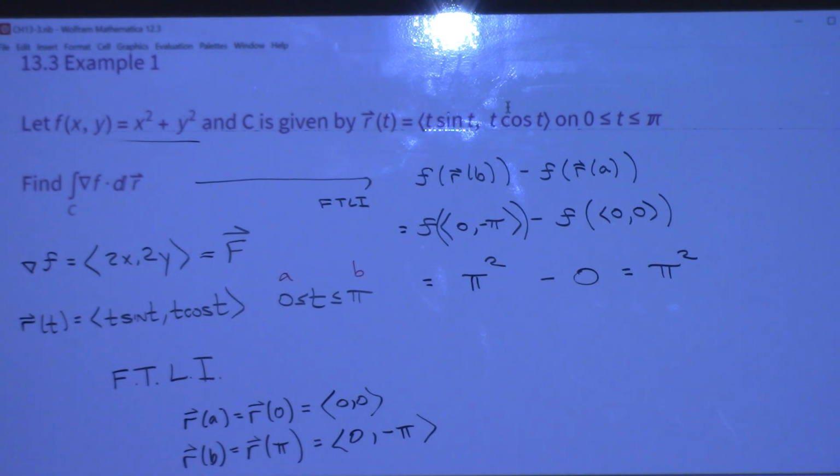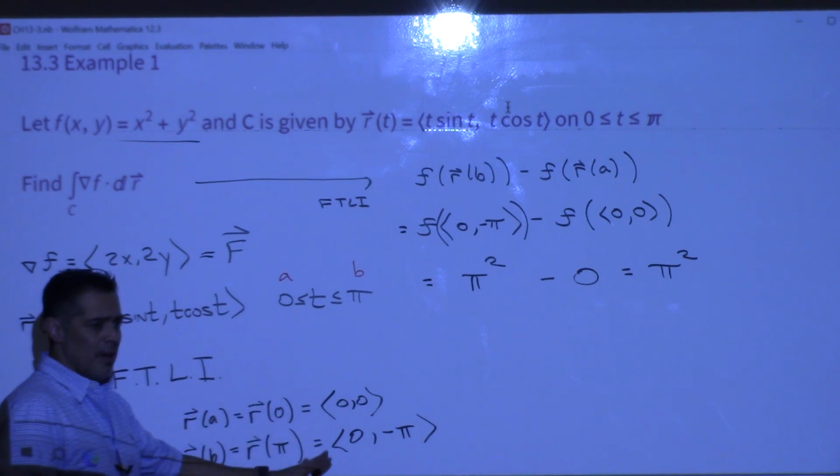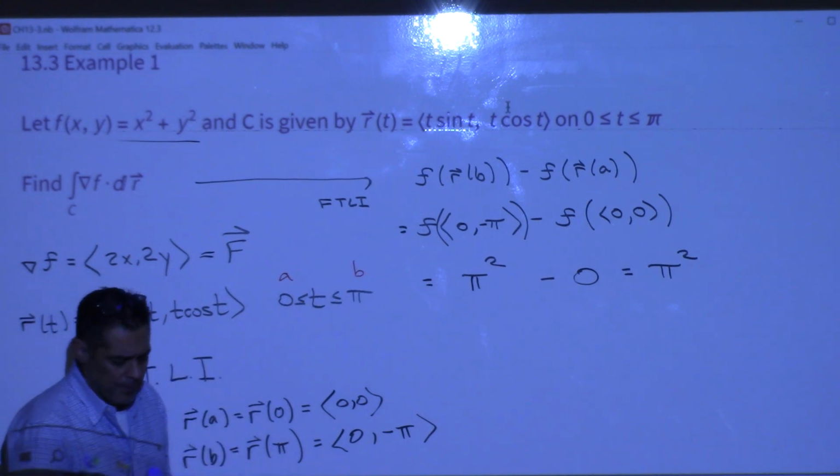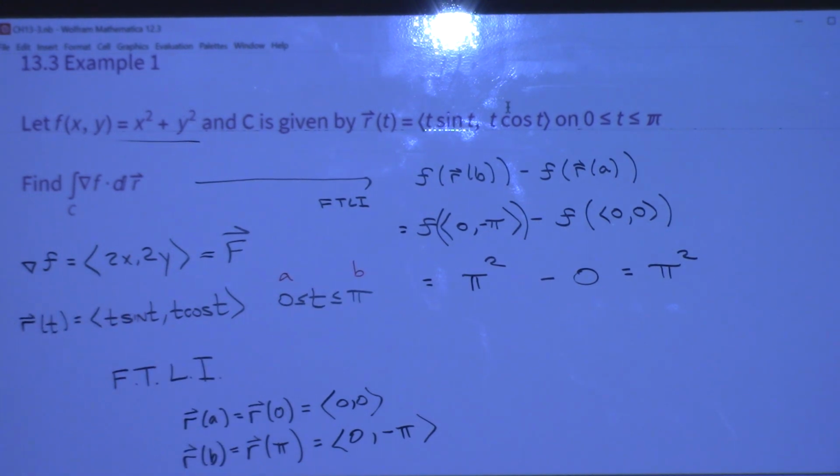So obviously, on your final exam, if you're given a problem like this, you might be wasting your time if you don't use the fundamental theorem of line integrals, right? Because just finding the two endpoints is pretty straightforward, and then plugging them in is pretty straightforward. All right, can I go on?